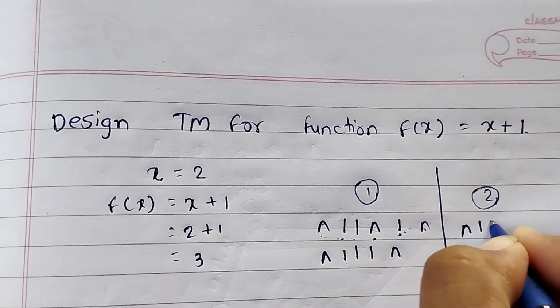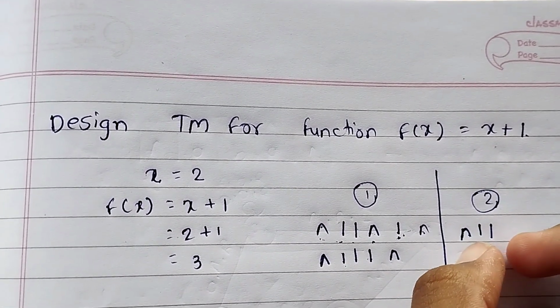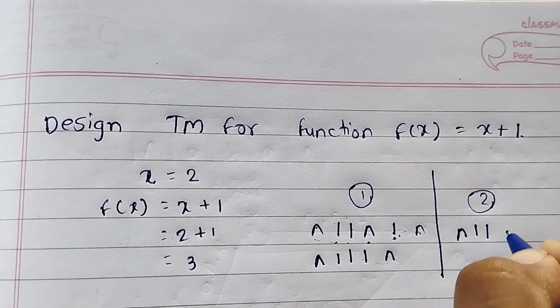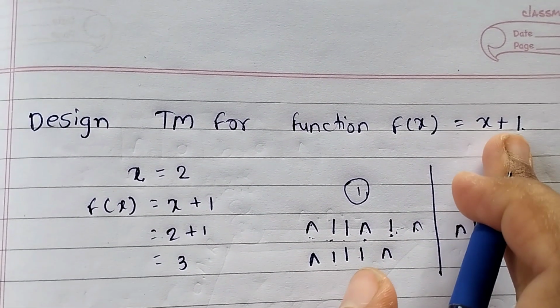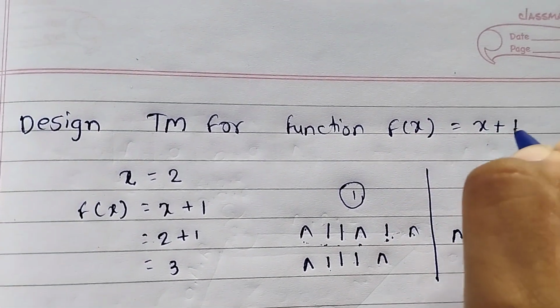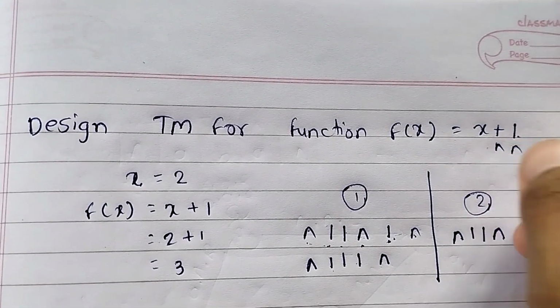Let's suppose x is 2, so we can write here 2 ones. Then for the plus symbol, as I said, we consider a null value, so null. Then when you read the 1, means this plus 1, take both as null, means this is also null, this is also null, for simplicity.